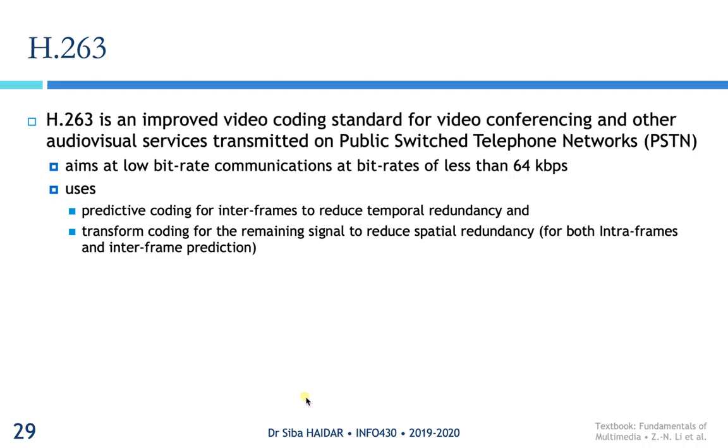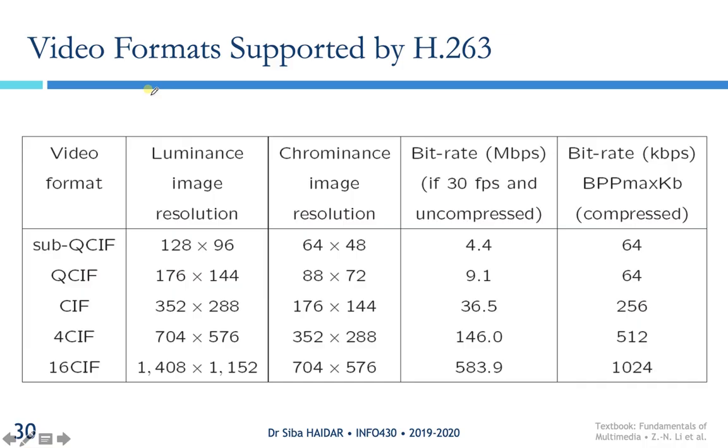For H.263, which is an improved video standard for video conferencing and other audiovisual services transmitted in the public switched telephone network, this is an improvement of H.261, and as you can guess, we want a higher video resolution. We want to do video conferences, but we want bigger compression because we want bigger resolutions to bypass the rate. This is the video format supported by H.263.